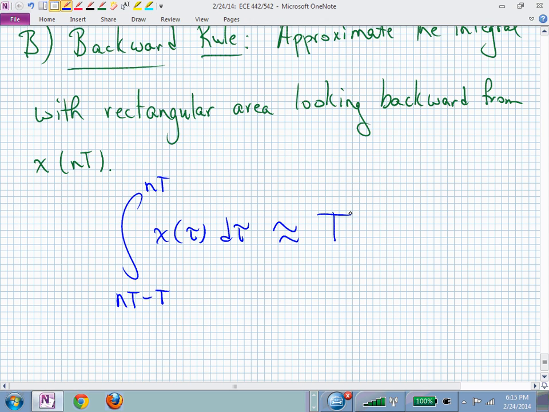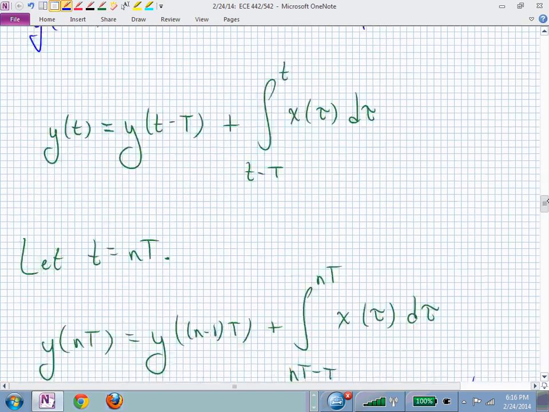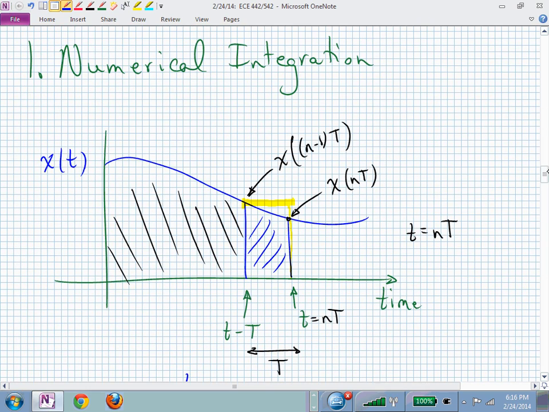The width of that rectangle is still capital T, except now we're looking backwards from the time x of little n capital T. So that if we were back here somewhere, now we would be looking at that area. We are now looking backward from this point, little x of nT, and now we're underestimating for this particular picture.